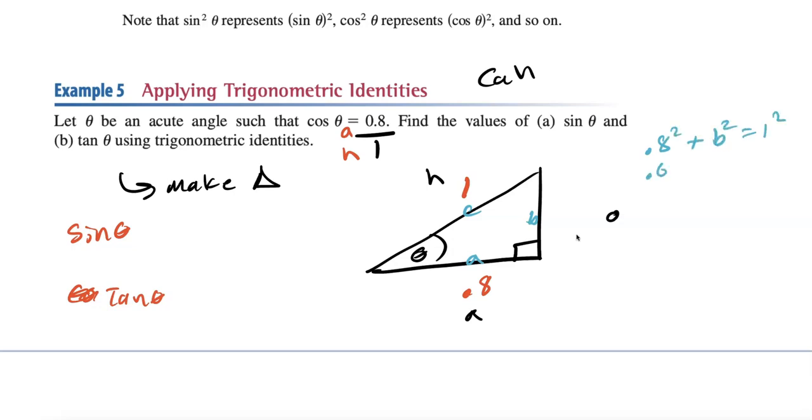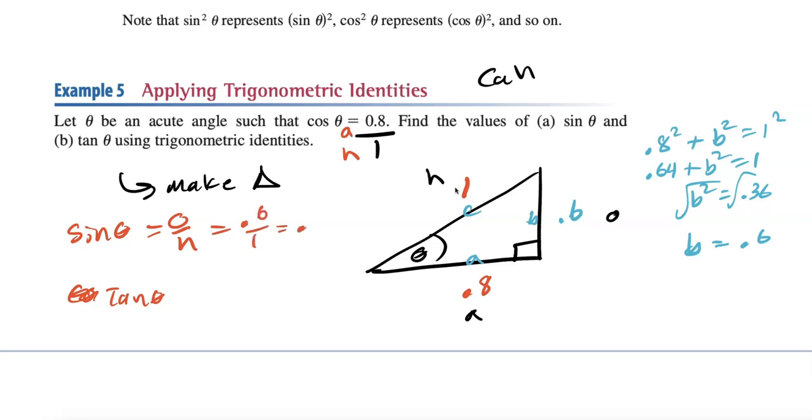So I'm going to give it 0.64 plus b squared equals 1. B squared equals 0.36, take the square root, b equals 0.6. So that goes here, and now we can solve the problem, right? What is sine? SOHCAHTOA. Opposite, 0.6 over hypotenuse, 1. So 0.6 over 1, or just 0.6.